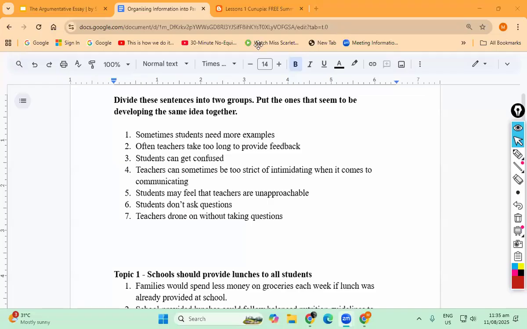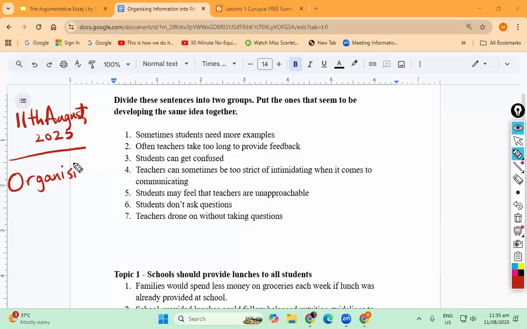Okay, so the goal for today's class, today's topic, is organizing body paragraphs. The majority of class we're going to spend working on exercises to practice this.